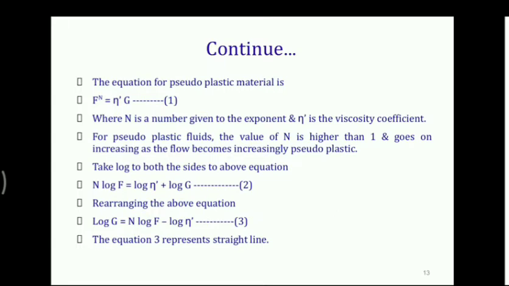Only slightly, this equation is modified for the pseudoplastic system. For a pseudoplastic fluid, the value of the exponent n is generally higher than 1 and goes on increasing as the flow becomes increasingly pseudoplastic. So if the system becomes more pseudoplastic, the value of n will increase to more than 1.